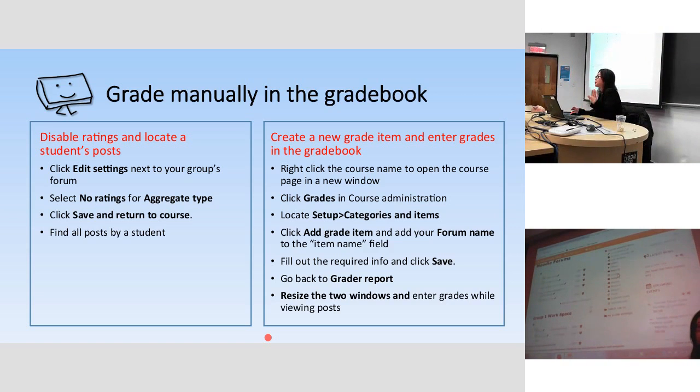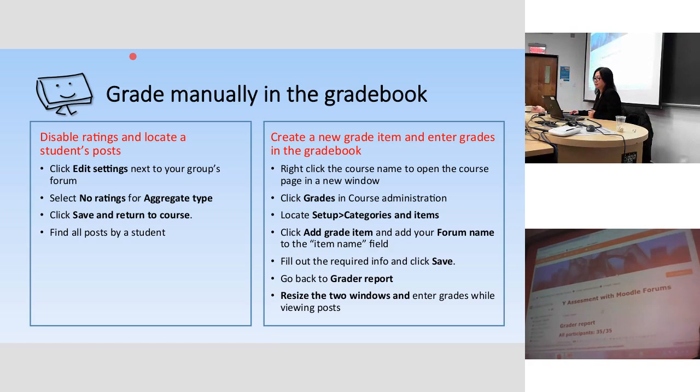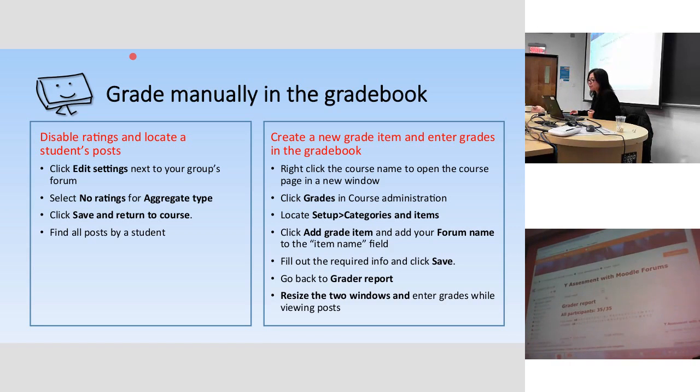Because we don't use the ratings, we just grade manually. So let's click grades. And there is a drop down here. Remember, this is where we create a grade item. That column is categories under setup, categories and items.